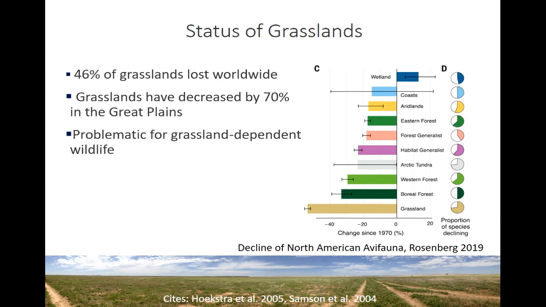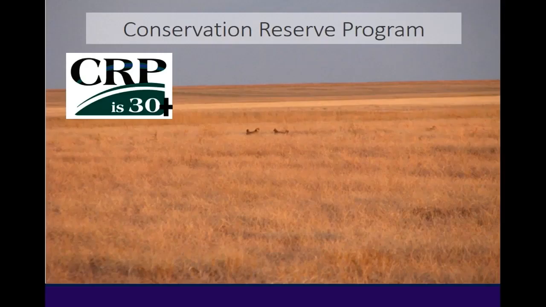And if we look at all of our avian species and which ones have declined and how much they've declined since 1970, grassland birds have declined at the steepest rate. The fact that grasslands, particularly in the Southern Great Plains, are over 95% privately owned presents kind of a unique challenge where we need some innovative tools, such as the Conservation Reserve Program, to really make any changes.